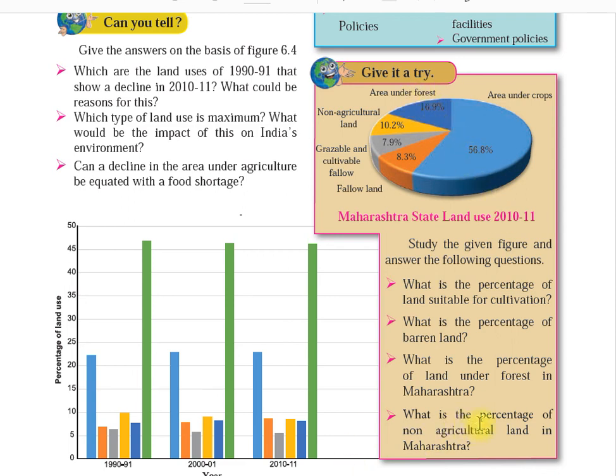Last question. What is the percentage of non-agricultural land in Maharashtra? So we have 10.2 here. 10.2% is the percentage of non-agricultural land in Maharashtra.